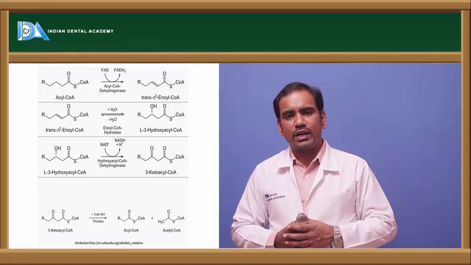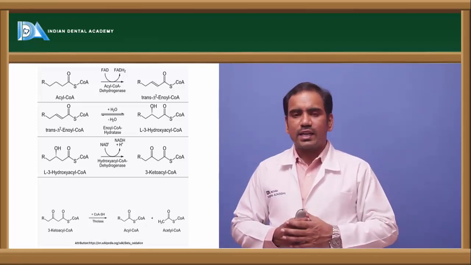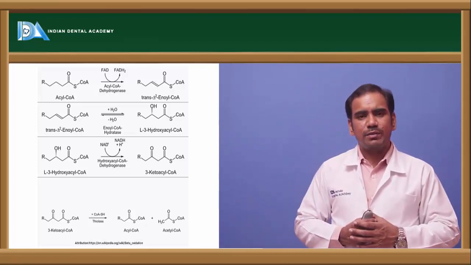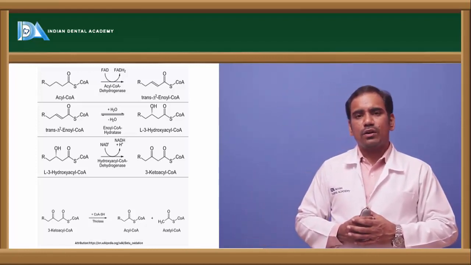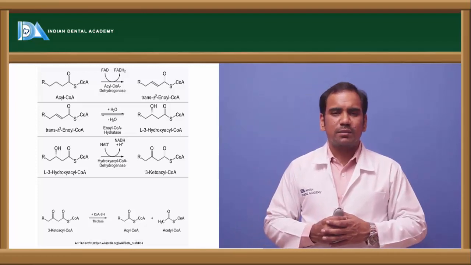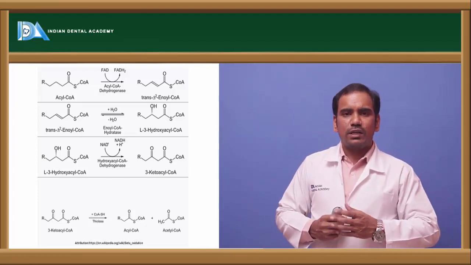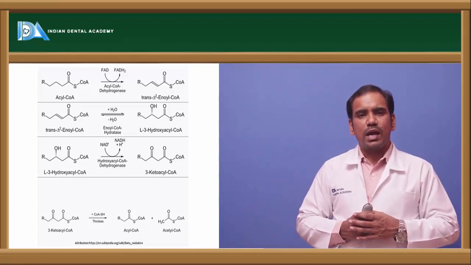We require 2 dehydrogenases: the first one is acyl CoA dehydrogenase, where the coenzyme is FAD, and the other one is beta hydroxy acyl CoA dehydrogenase, where the coenzyme is NAD. So FAD is reduced to FADH2 and NAD plus is reduced to NADH.